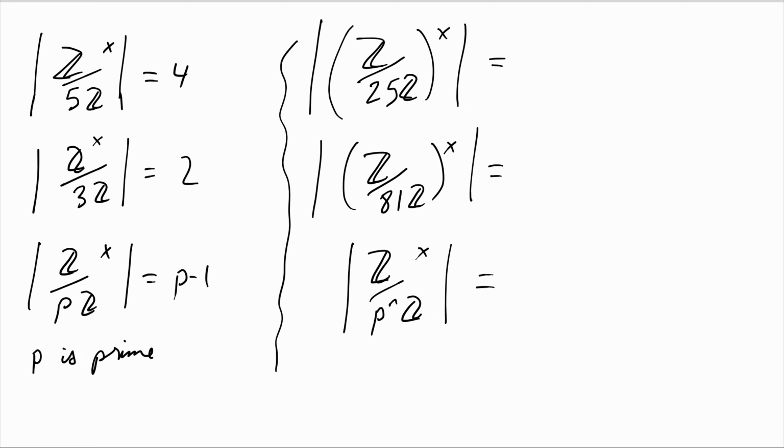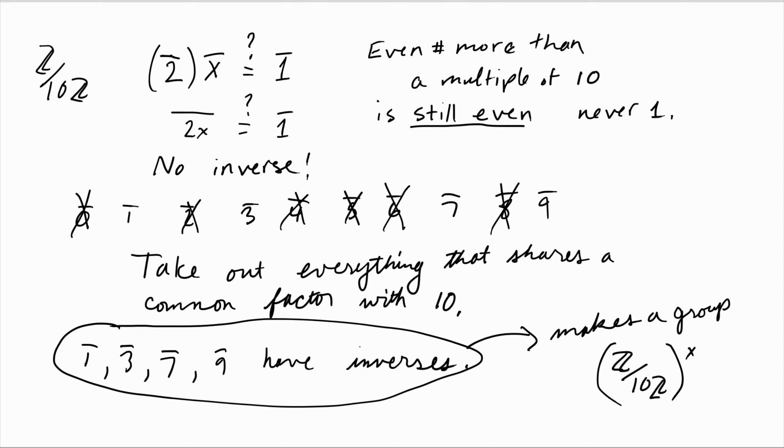So let's take a look at another thought here. Now let's try computing some of these. If we have Z mod 5Z, and you see this little x right here, that actually means take out, just as we had up here, take out everything that doesn't have inverses.